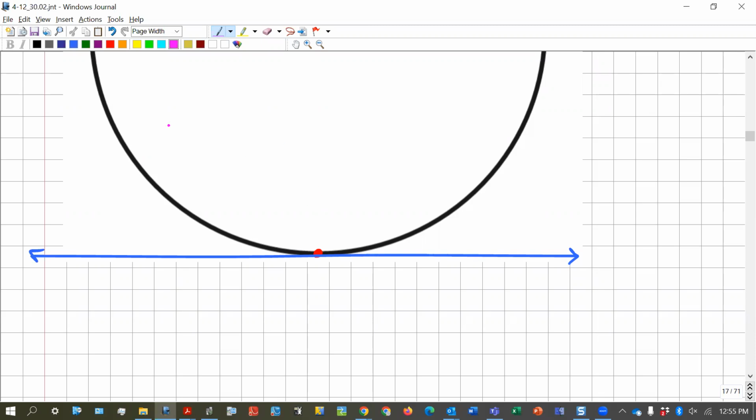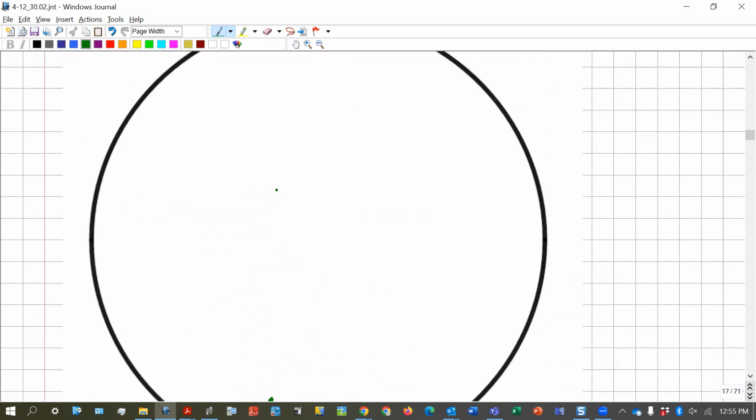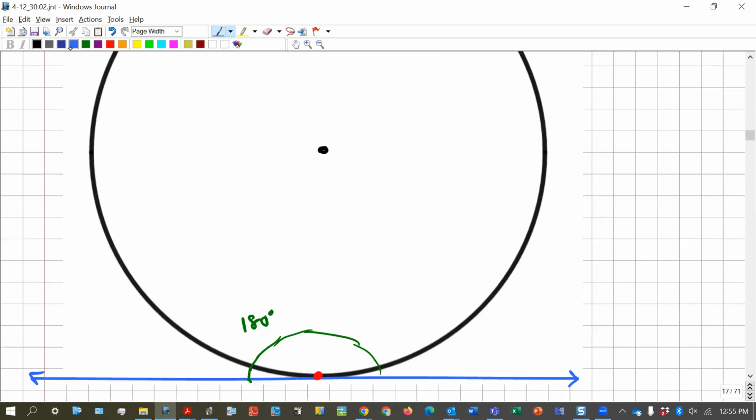And so this angle is a straight angle, right? It's going to be 180 degrees. I should have probably drawn the center of my circle. It's around here maybe. But notice that if I draw from the center to that point, that angle is going to be a right angle.